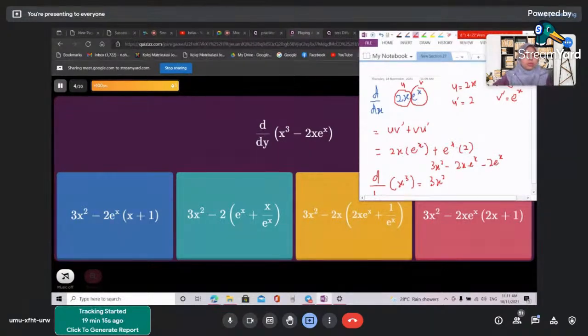Okay, so for the solution you need to factorize e power of x. Factorizing e power of x, you will get 3x square, and you can factorize 2 e power of x, so you will get x plus 1.